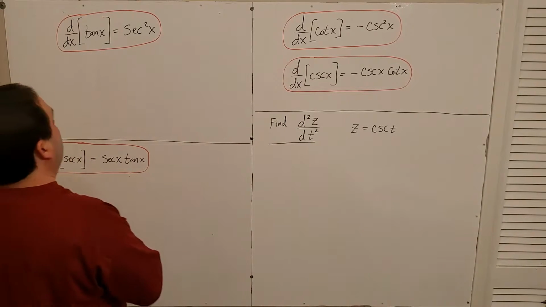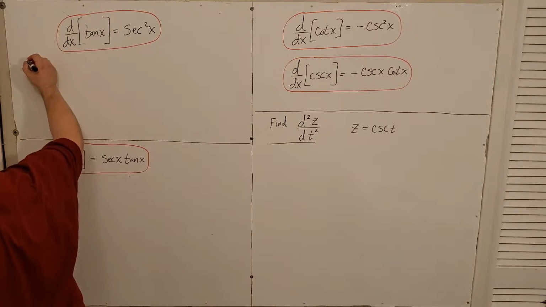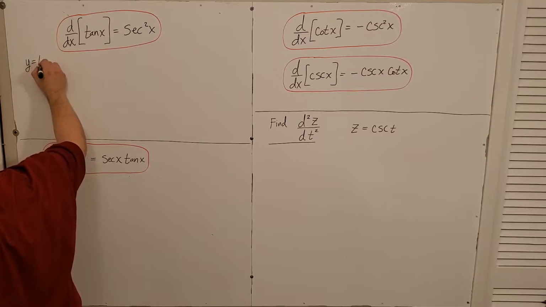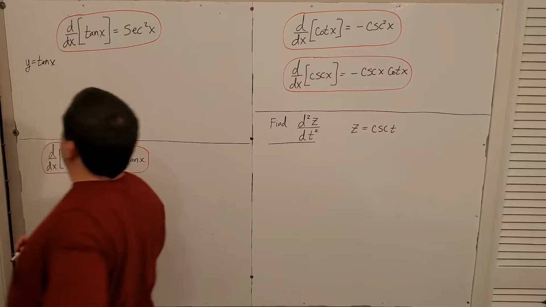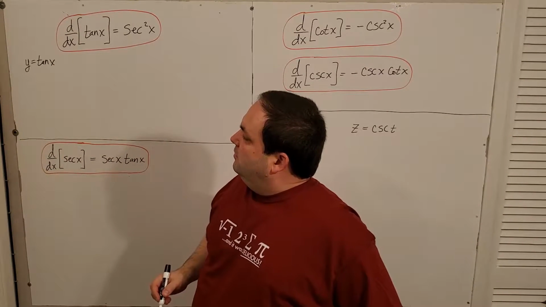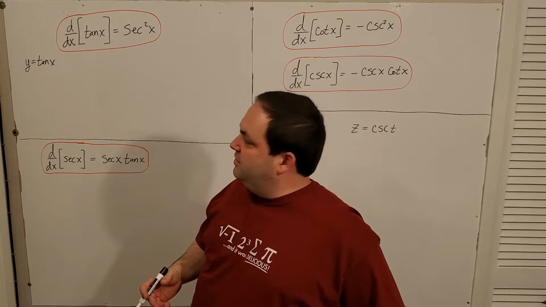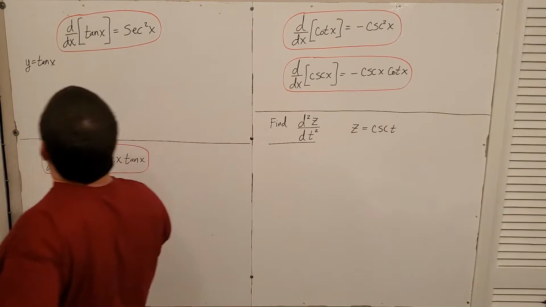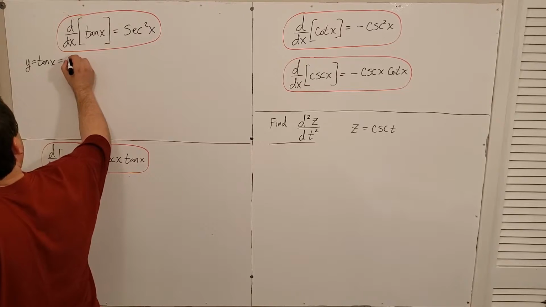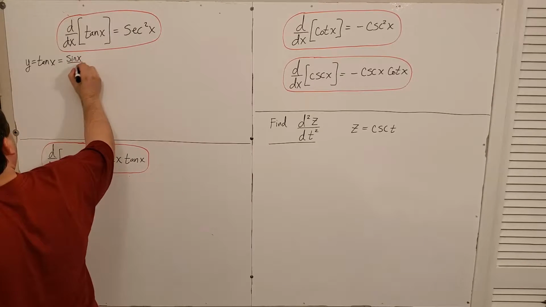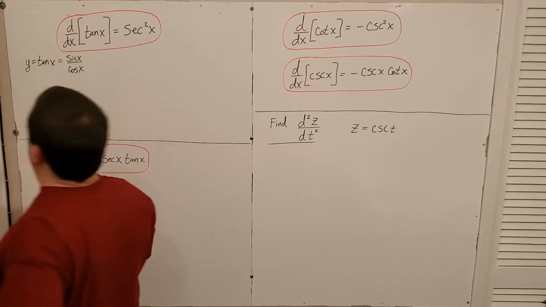If I just have some function, y equals tangent x, to make this into something that I already am familiar with derivatives of, I can rewrite tangent as sine x over cosine x.